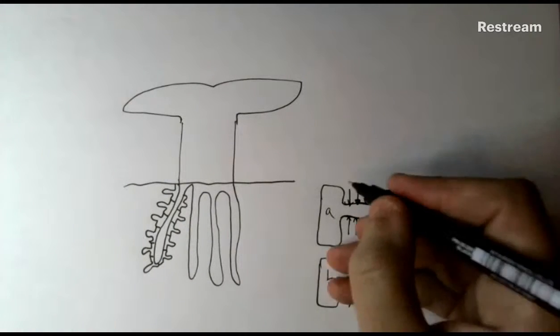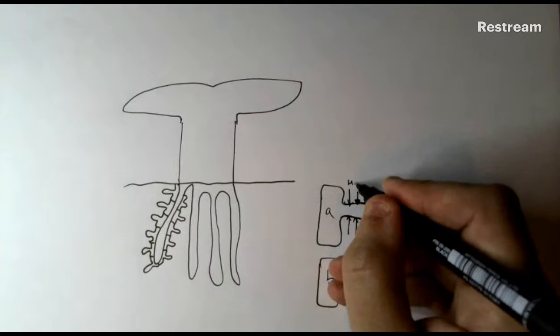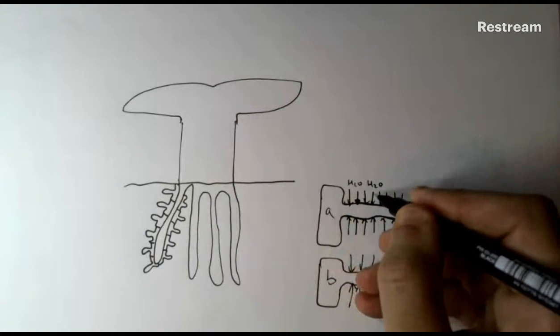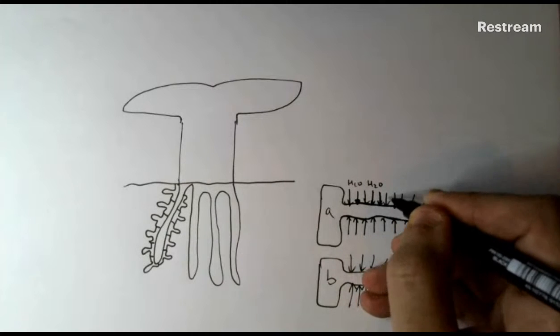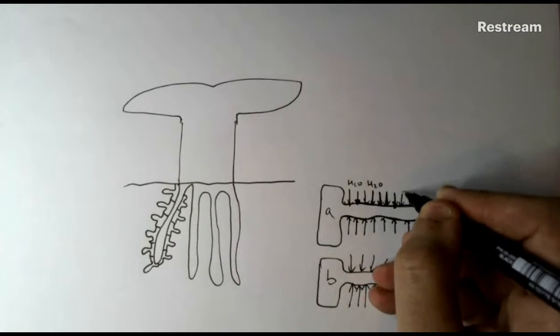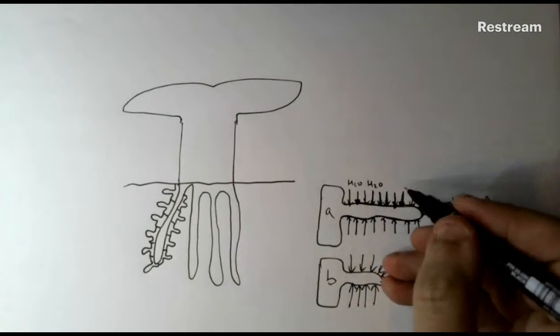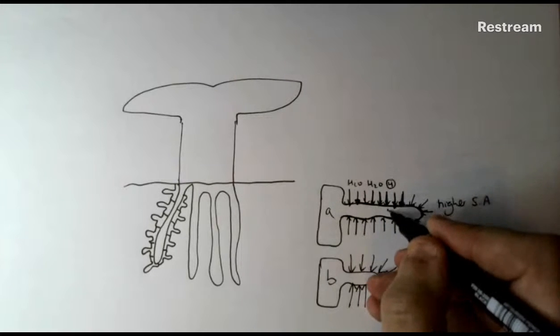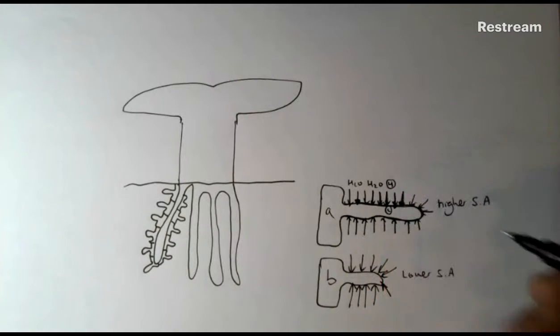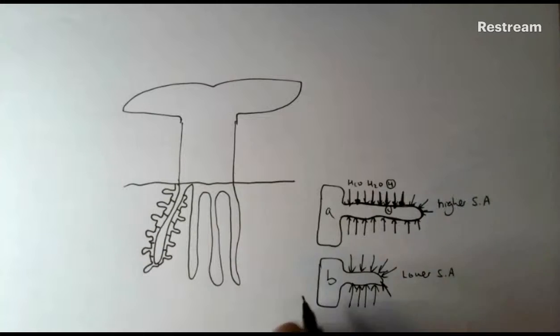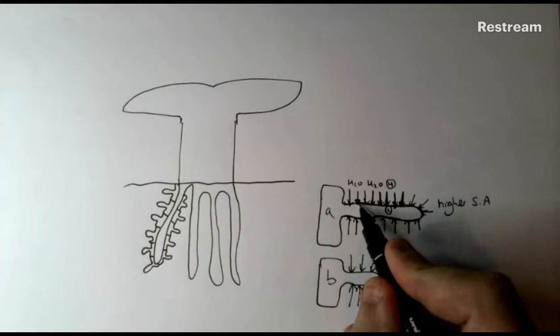So as you can see here, at each of these points, water can be absorbed by the root, so water can be transported from a high to low concentration through a partially permeable membrane by osmosis at an increased rate through root hair cell A.